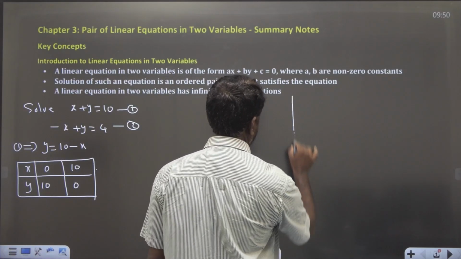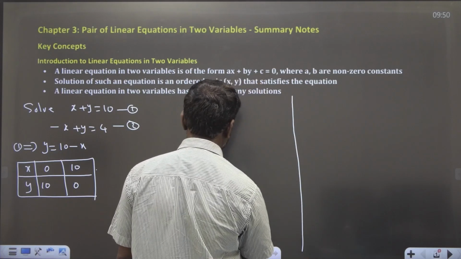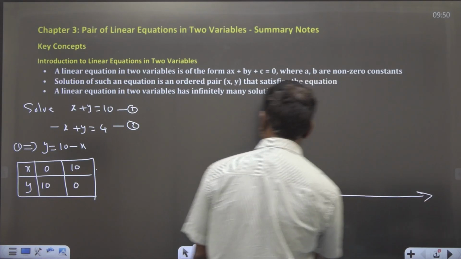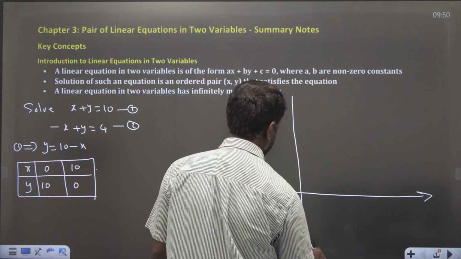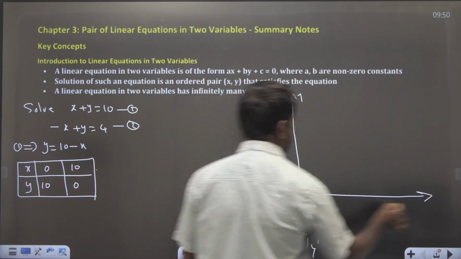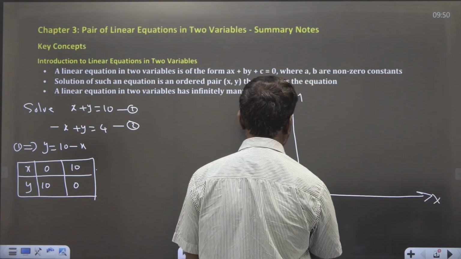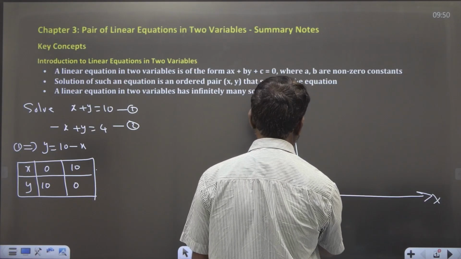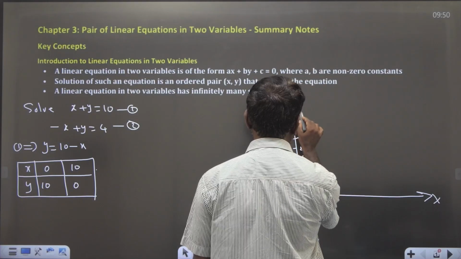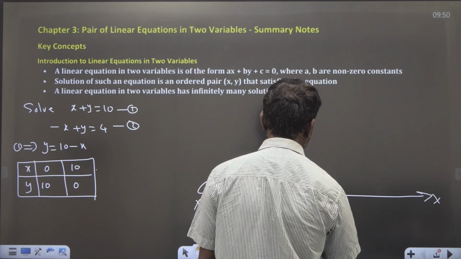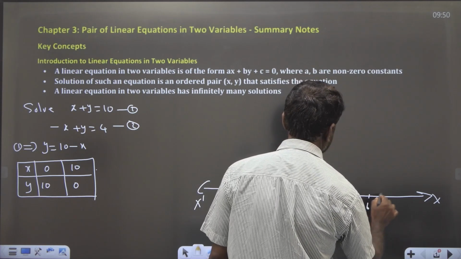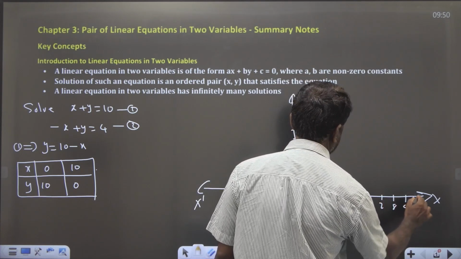We can draw a graph with y-axis and x-axis, this is the origin, 1, 2, 3, 4, 5, 6, 7, 8, 9, 10 on both axes.